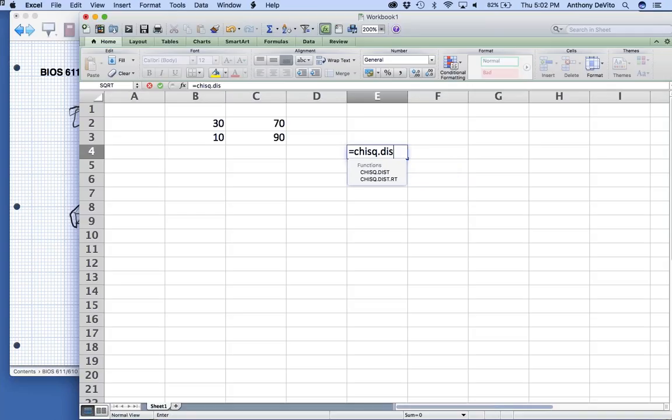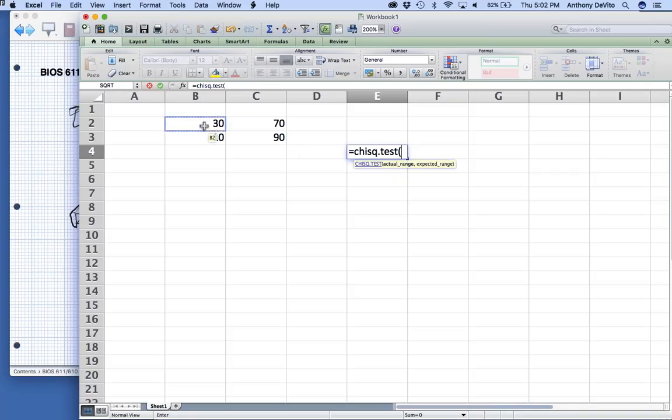No, that's not what I want. Chi-square test, I think I want. There you go. See what it's asking for there? It's kind of really tiny, unfortunately. But what it's asking for, chi-square dot test, is the actual range and the expected range.